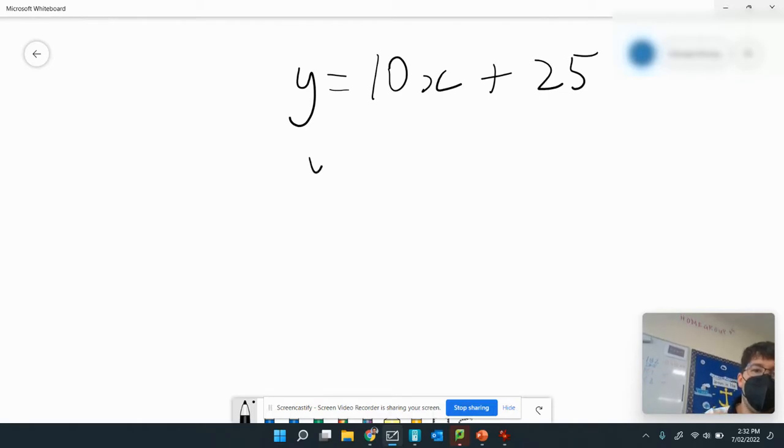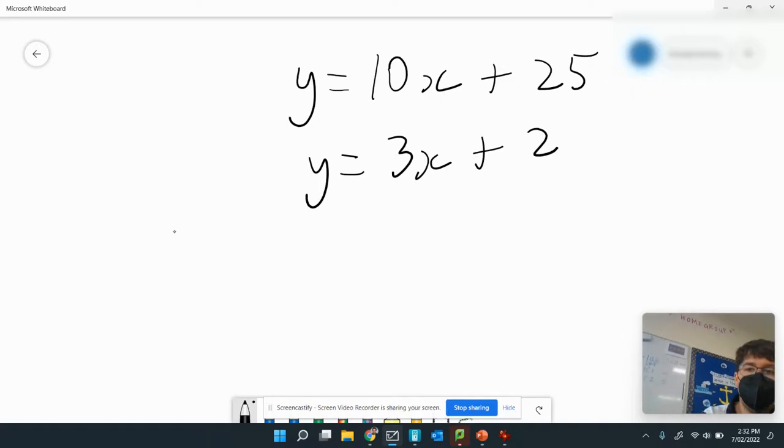Let's just clear the screen here. What type of form have I just written things in here? Gradient intercept form. Yeah, we've done it in gradient intercept form. Both equations are in gradient intercept form. How can we use technology to solve that? How did we do this the other day?